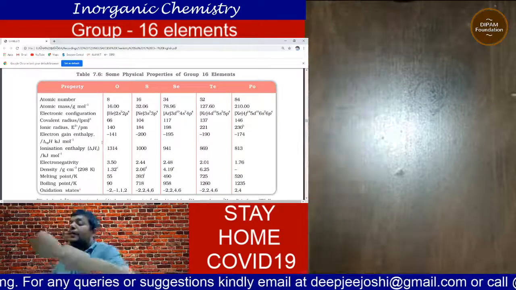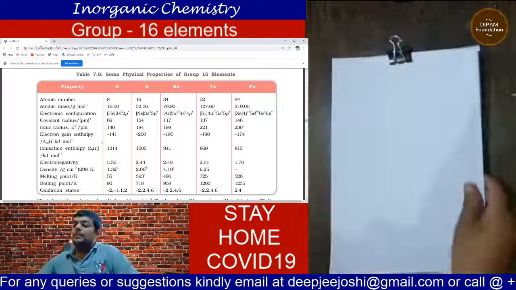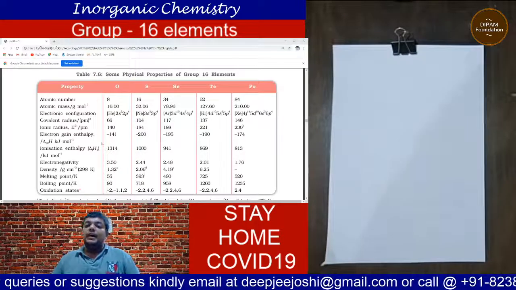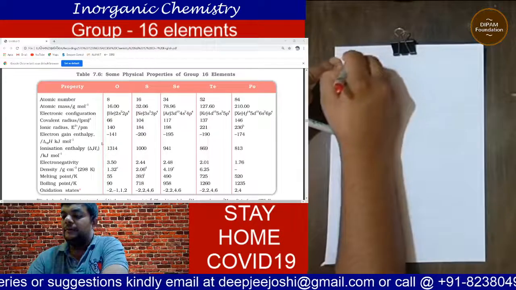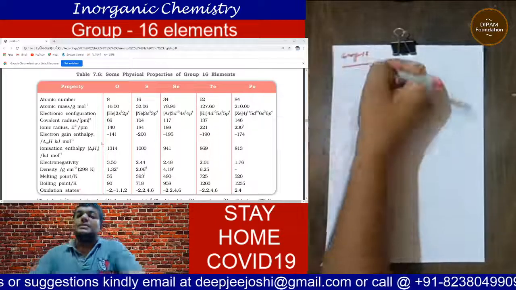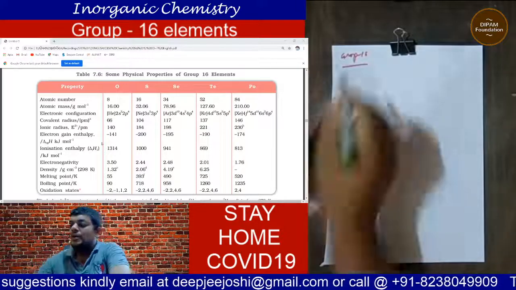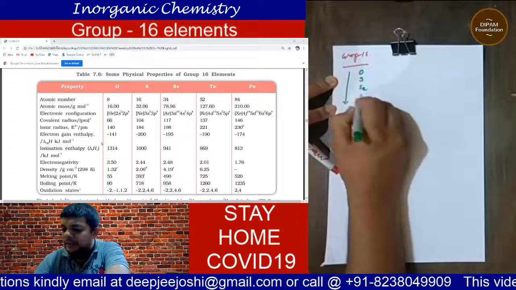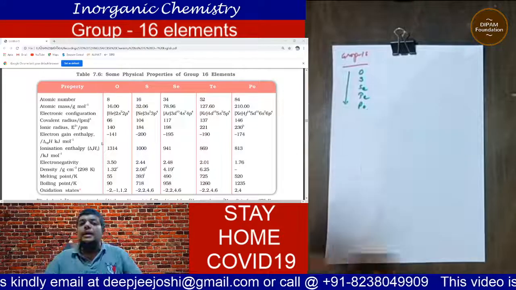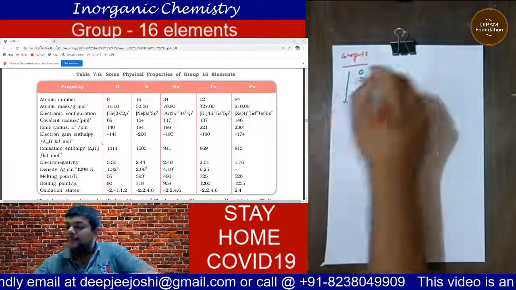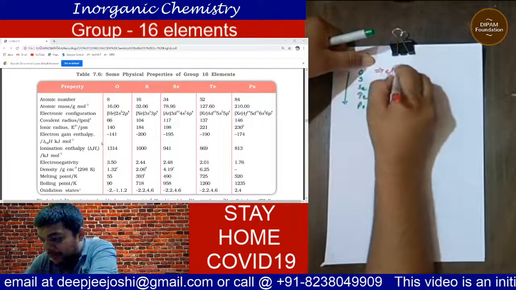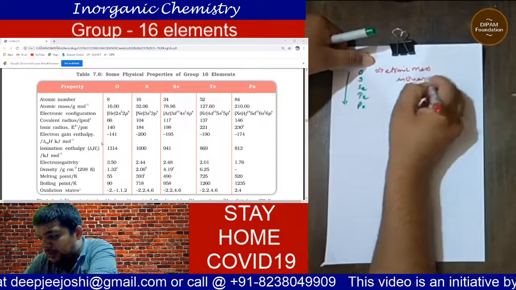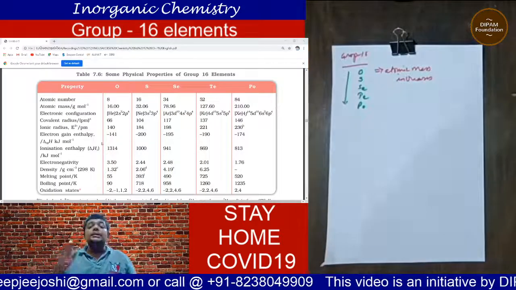So, first of all, learning the atomic mass property in group 16 chalcogens, we are very much clear that coming down the group, that is oxygen, sulfur, selenium, tellurium, and polonium, the property of atomic mass increases continuously.